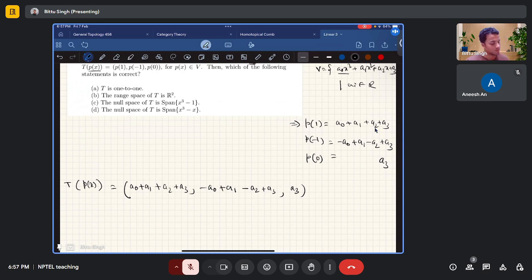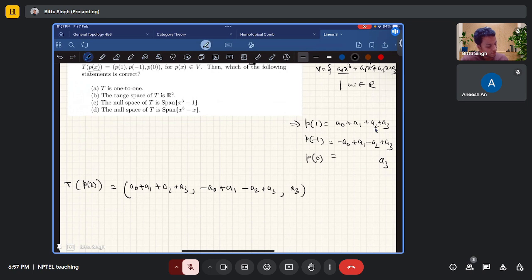By definition, T takes this form. So again, we need to see what the null space is, what the range space is. For this problem, it is hard to see what the actual range space or null space is. So we need to again find the null space.